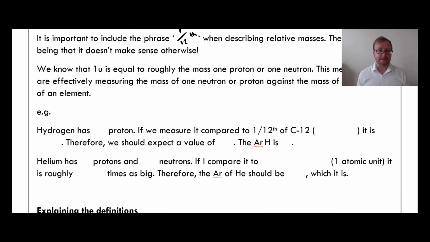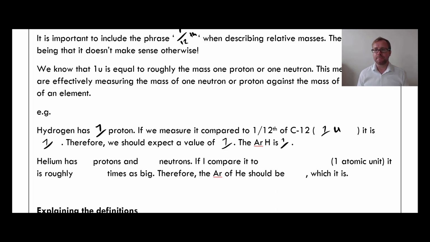For example, hydrogen has how many protons? It has 1 proton. If we measure it compared to 1/12 of carbon-12, which would roughly equal 1 U, it is equal to 1. We're comparing hydrogen with 1 proton to 1 atomic mass unit, therefore we should expect a value of 1 on the periodic table, and the mass number of hydrogen is 1.